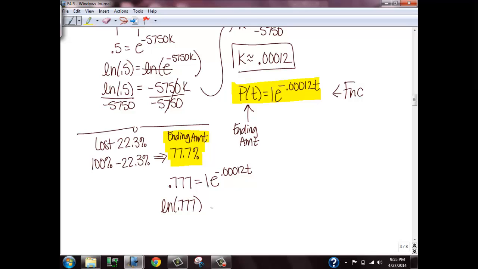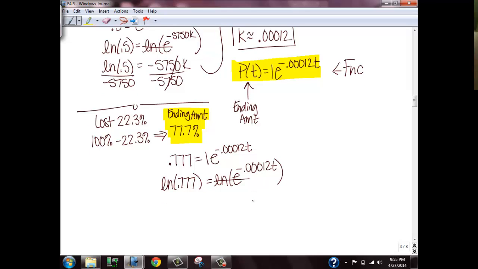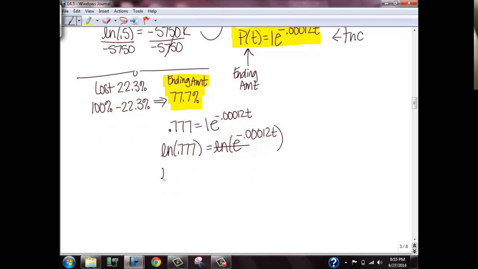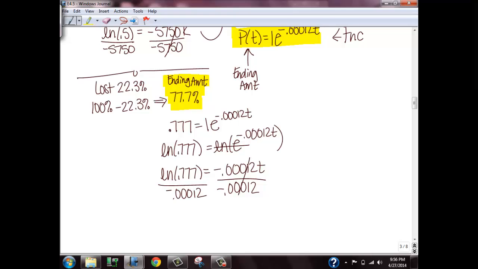Ln of 0.777 on the left, ln of e to the negative 0.00012t on the right. Ln and e will cancel, which leaves me with ln of 0.777 is equal to negative 0.00012t, and then I just divide off my negative 0.00012 to get t on one side all by itself.